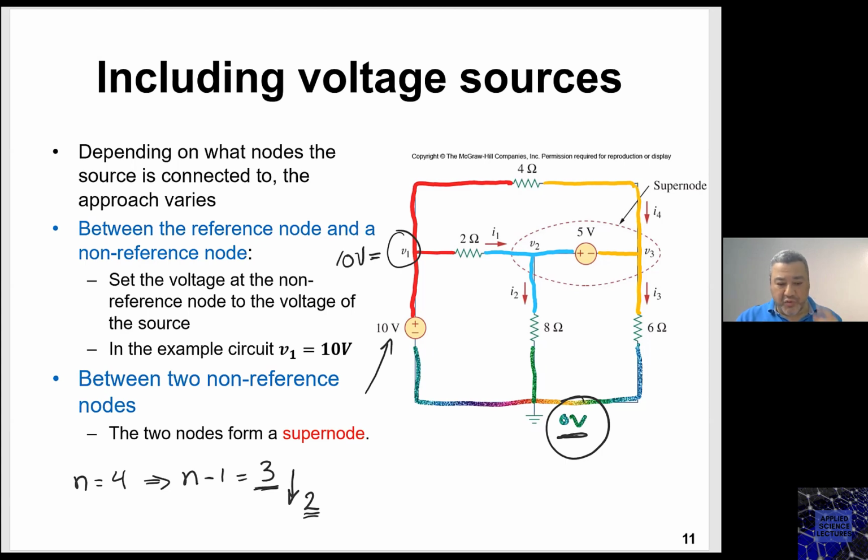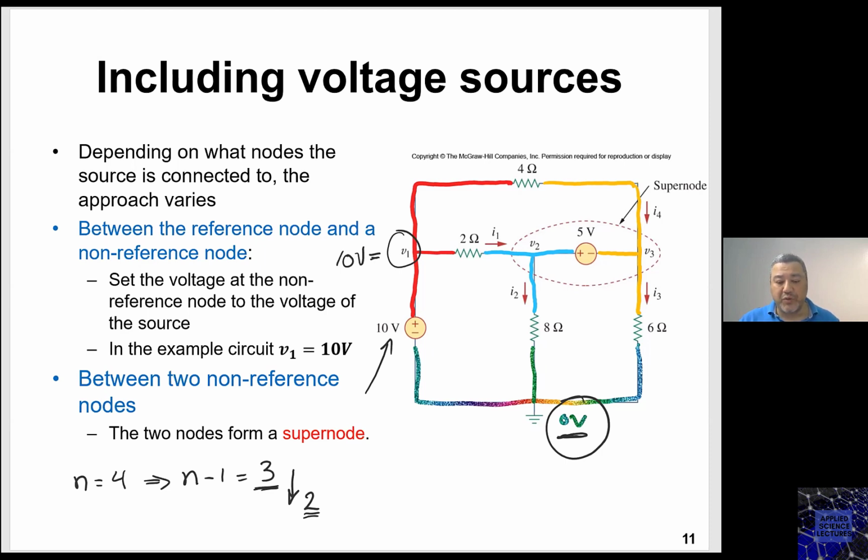And to answer your question, in the case of non-zero, we're talking now about this 5 volt. Look at the 5 volt. The 5 volt source is not connected to the reference. The 5 volt voltage source is connected between V2 and V3. V2 and V3. What does this mean?